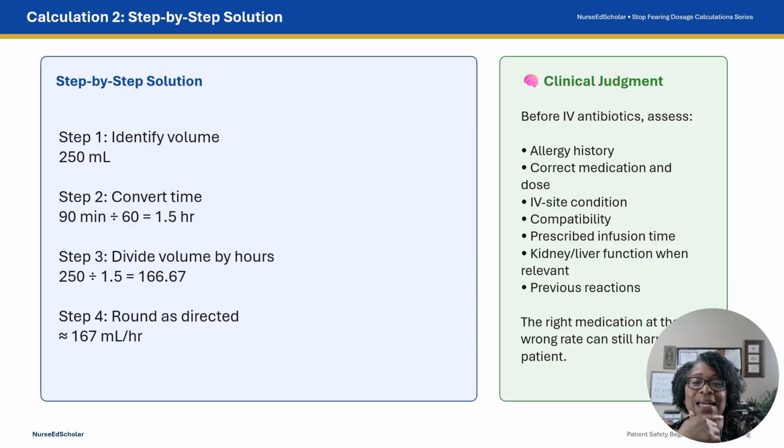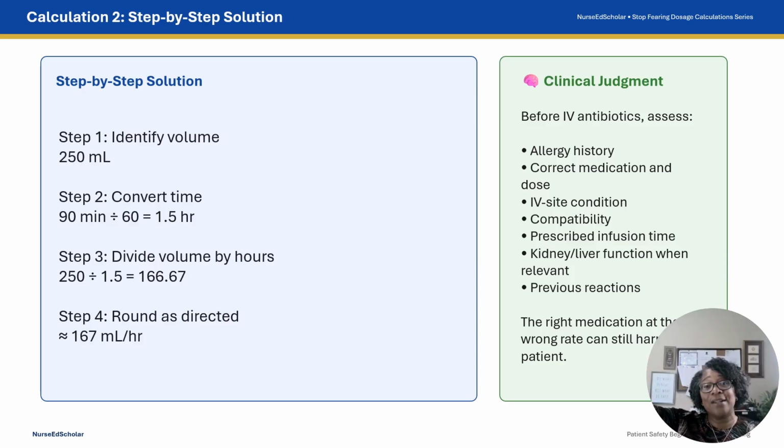Now, there's another way to solve this. Students prefer dimensional analysis. So you'll start with the 250 milliliters over 90 minutes. But we need hours in the denominator, and we know that there's 60 minutes in an hour. So how we would set it up is you'll have 250 milliliters in the numerator, 90 minutes in the denominator, and then the multiplication sign in the middle.